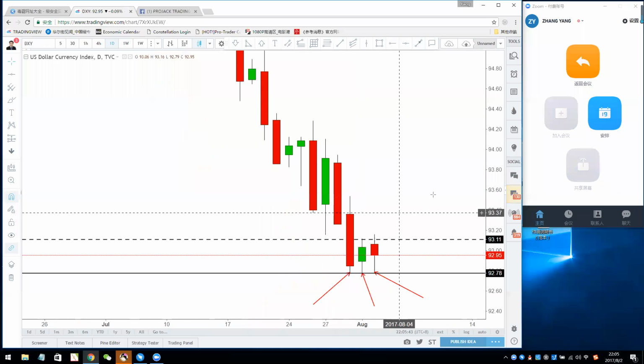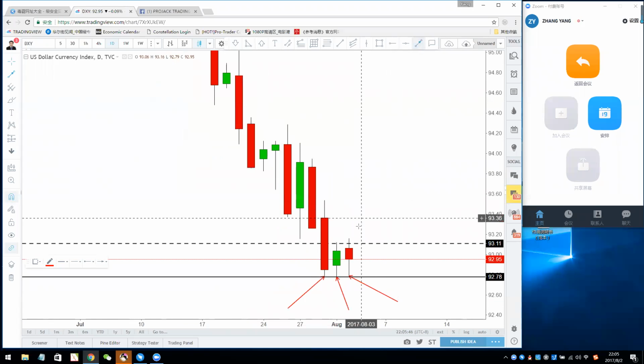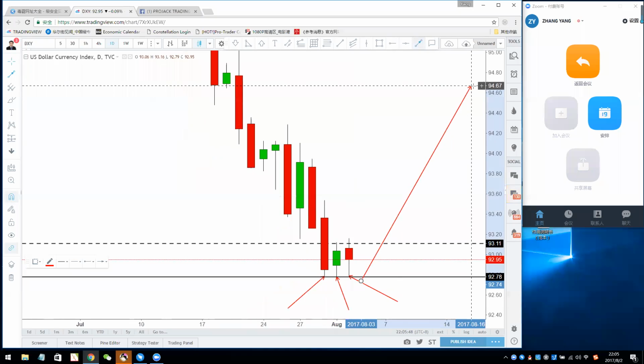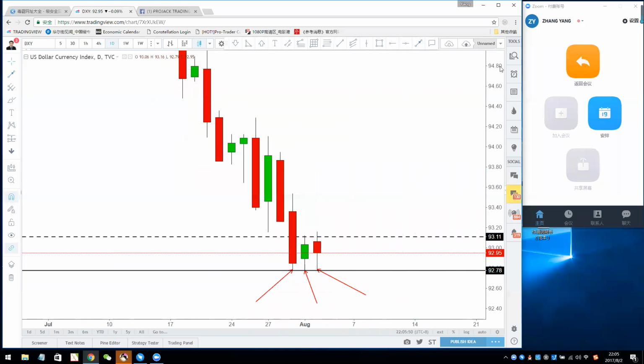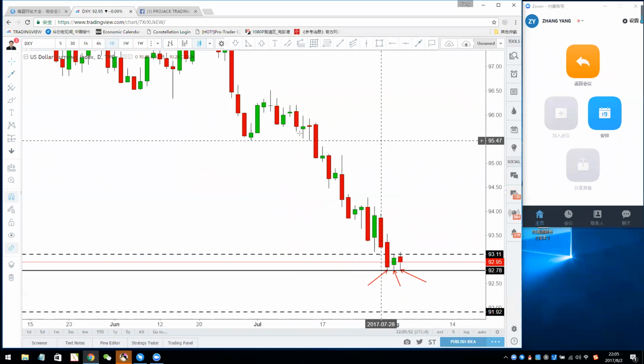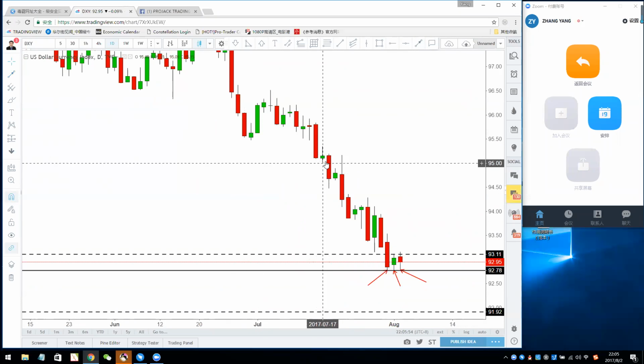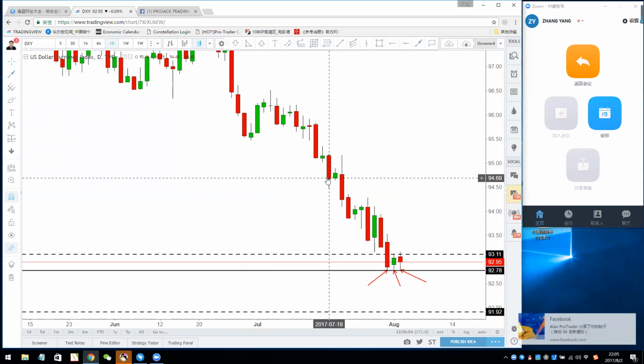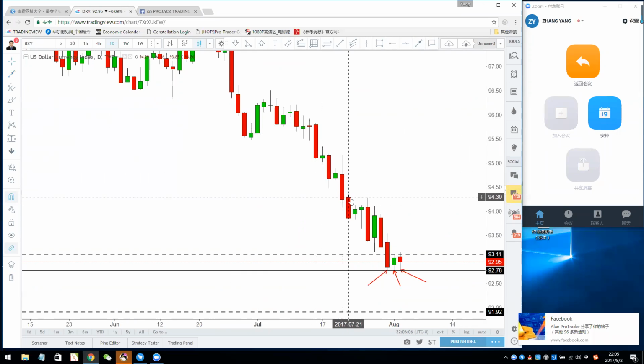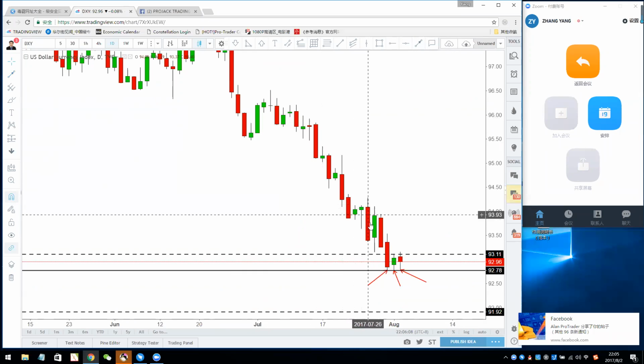I won't say that the DXY will reverse very quickly and have a very big rally, but at least it stops the sellers' momentum. See, one day breakdown, another day sideways, another day break new low, sideways 1 day, another break new low, 2 days sideways, break new low.